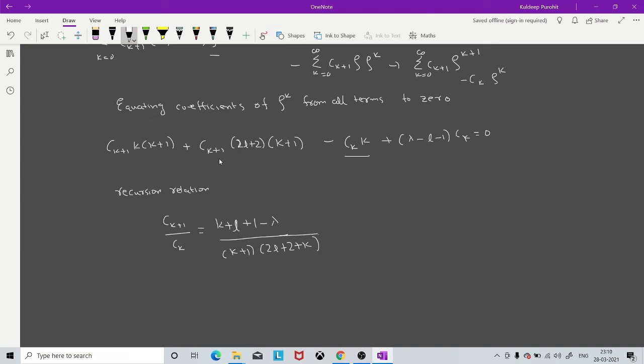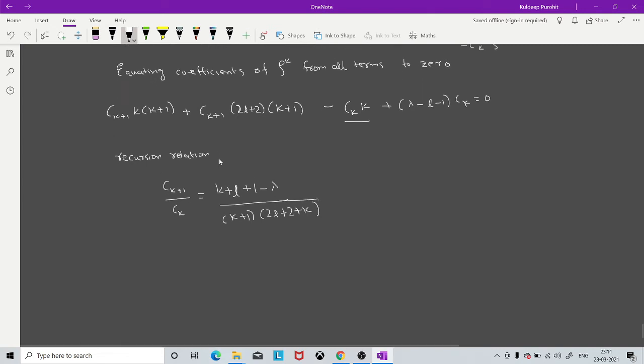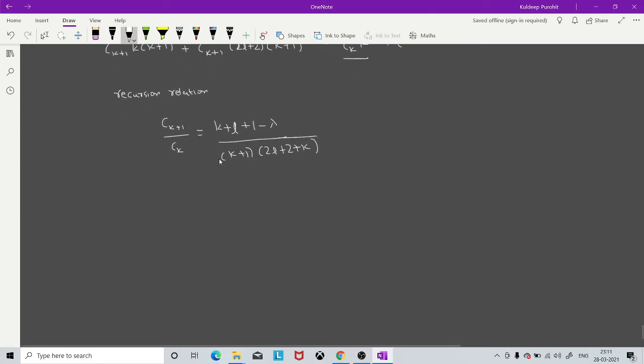Okay, so this is your recursion relation, and just having two values of coefficient, you can find the values of the coefficient of all the terms. So you can now have the entire series, where if you have the value of k and k plus 1, then you can have for infinite terms the value of the coefficient multiplied by root k. Okay, so this value can be found out using the recursion relation.